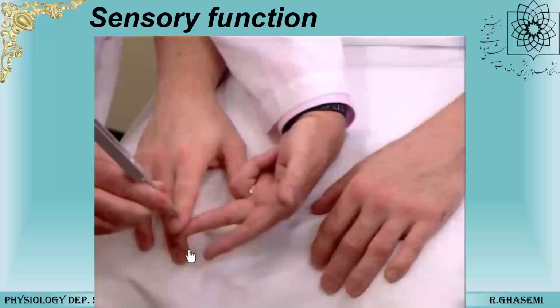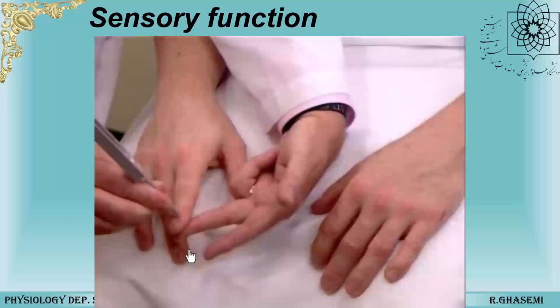One test that we frequently use to evaluate the sensory function, particularly for sensory receptors that have a very high adaptation speed, is to use a vibration fork, or diapason, and place it on the finger. We expect that the patient is able to detect this vibration. Please pay attention that your finger is under the patient's finger.